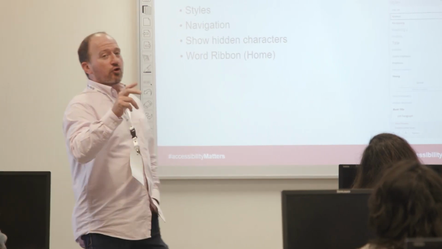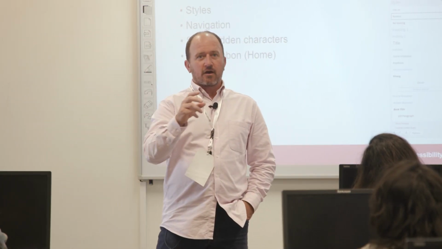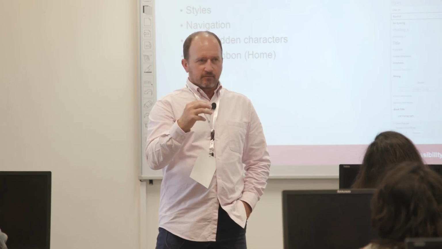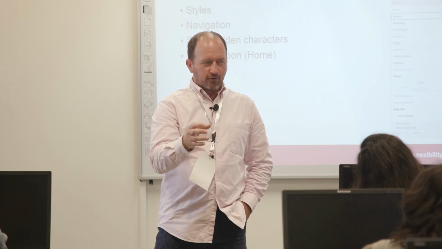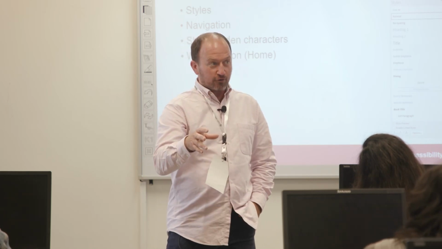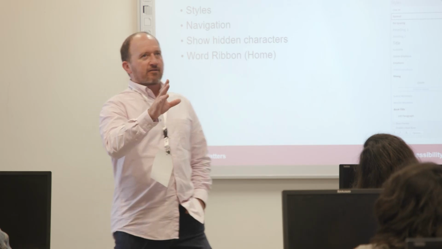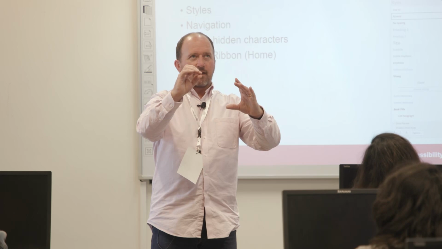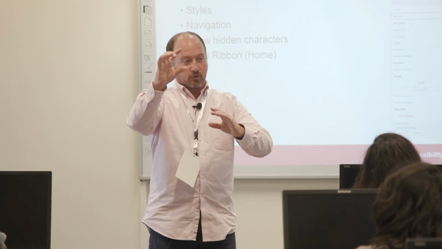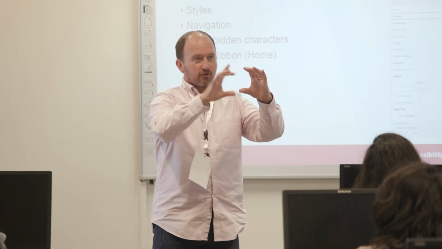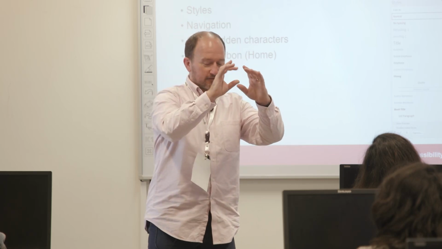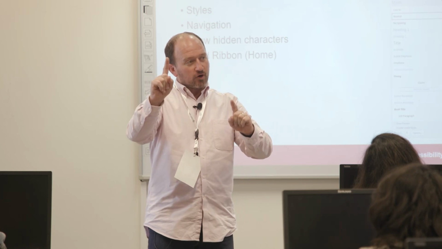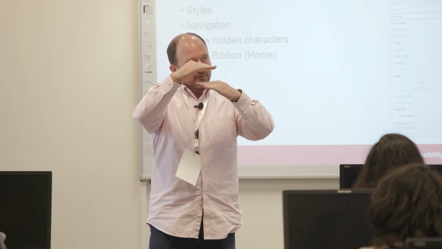I like to turn on show hidden characters because that shows me the cliff notes of the document, like if people use soft returns or put in extra returns. A great example is when people have a long title, like "Creating an accessible Microsoft or PDF file," and when you use a return, it breaks it into two paragraphs.